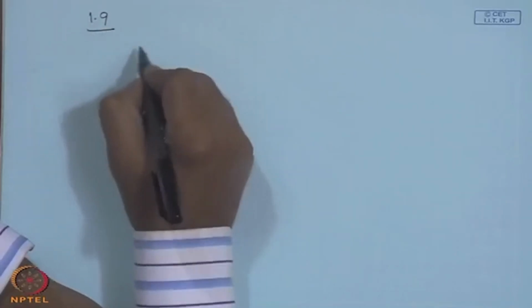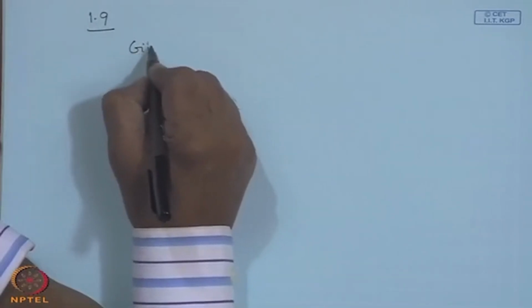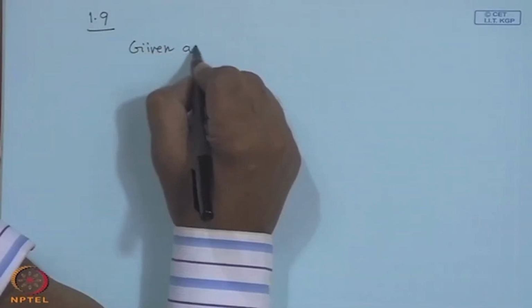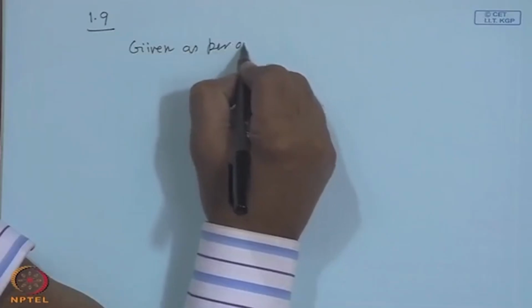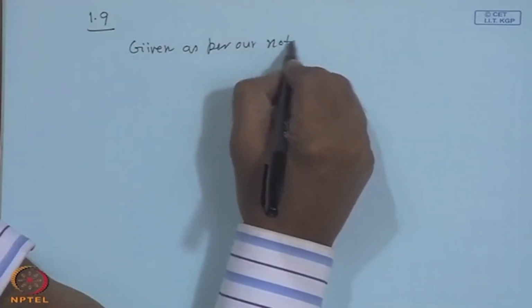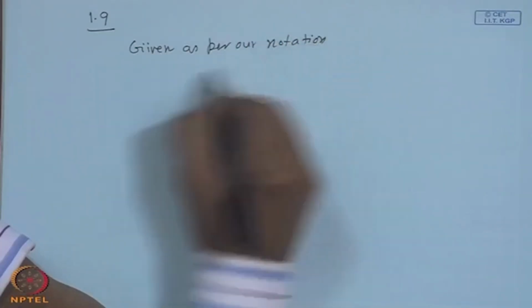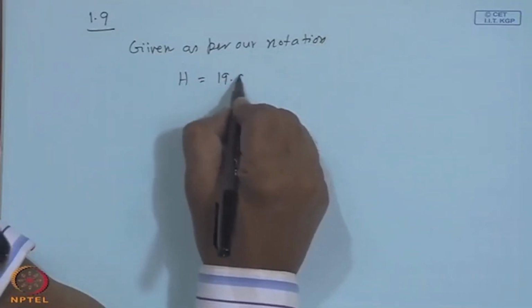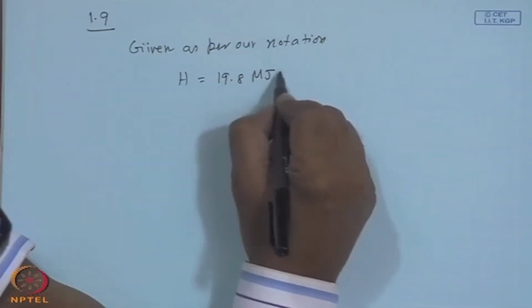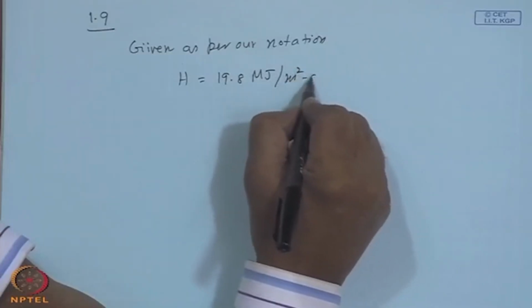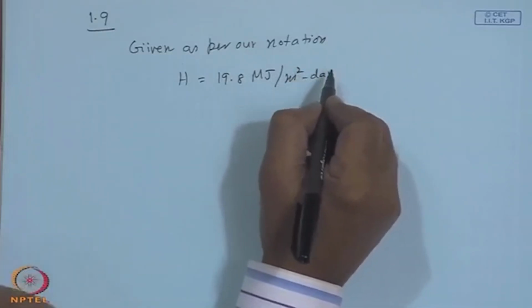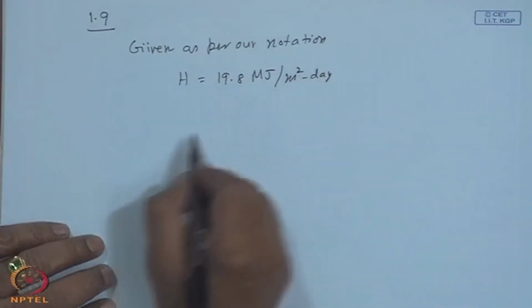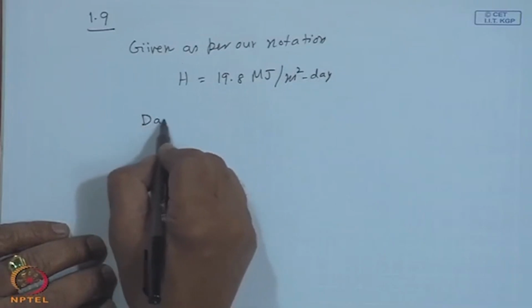Problem 1.9 given, as per our notation, H equal to 19.8 megajoules per meter squared day, and you are required to calculate the daily clearness index.